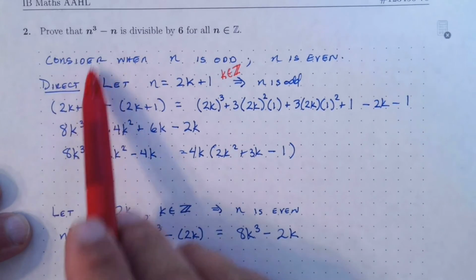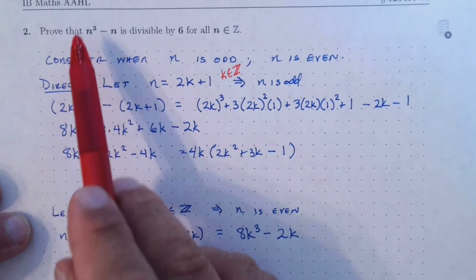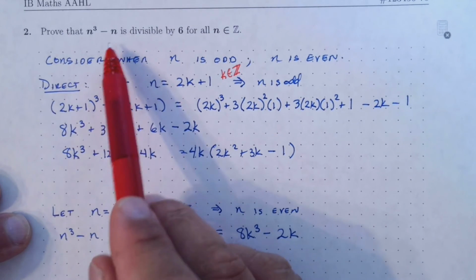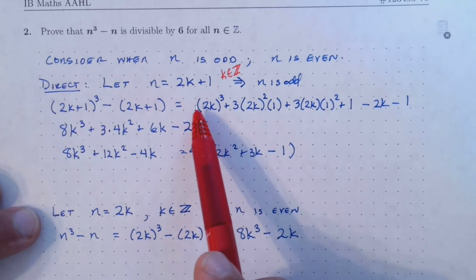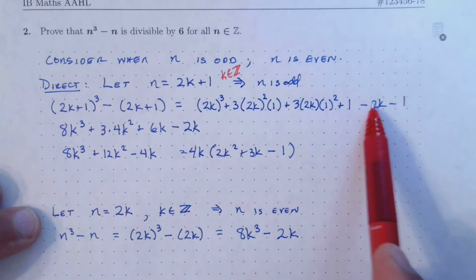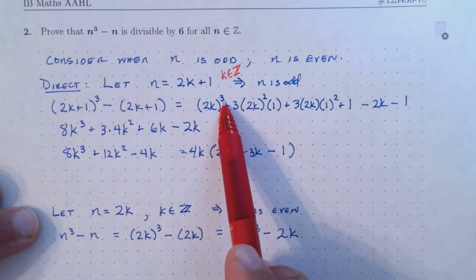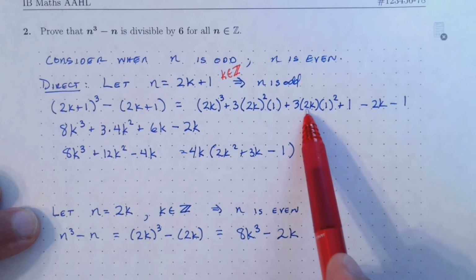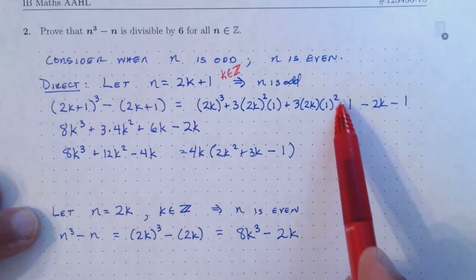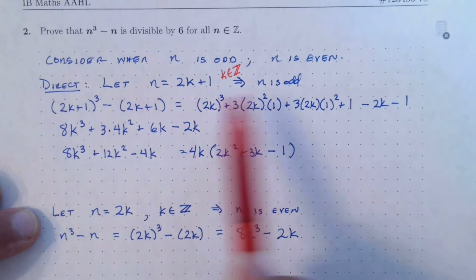Right? So substituting n into n cubed, this is what we get. Expand the binomial with the coefficients 1, 3, 3, 1: first term cubed, 3 times first term squared, second term, 3 times first term, second term squared, plus second term cubed, right?